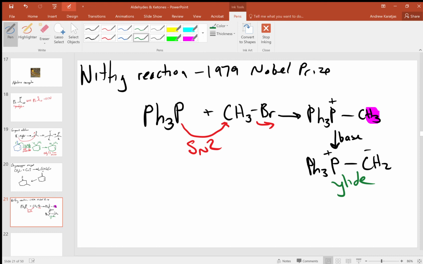Now, depending on the ylid that you use for this reaction, some ylids you have to make in this type of reaction, and some ylids, it turns out, are so stable you can actually buy them. Regardless, the ylid is the key piece that is going to react with the carbonyl to do the reaction. So here's our carbonyl, and we can also draw a resonance form for this ylid. It looks like that.